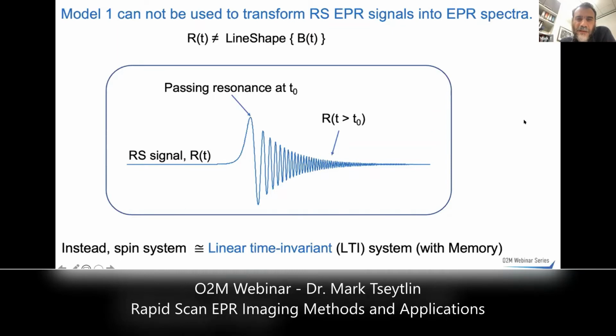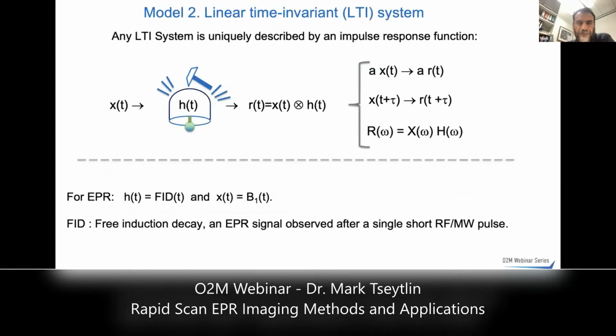So the approach of remapping time domain to field domain just doesn't apply. Here there is a need for a new approach, and that approach would be a linear time invariant system approach, where the spin system is approximated as a linear time invariant system.